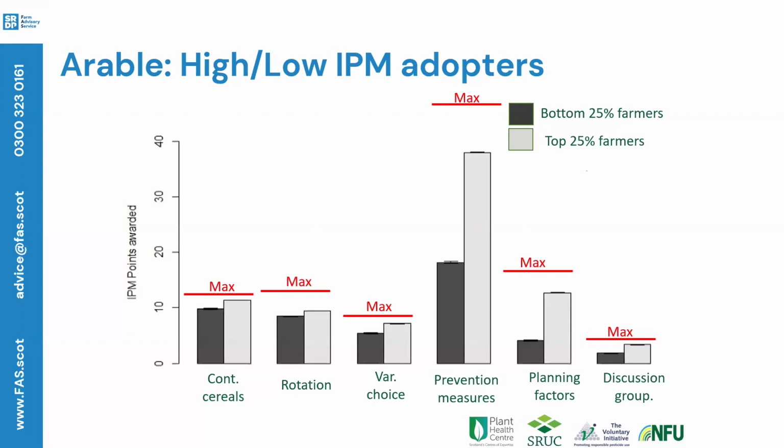The other thing you see a big difference in are the planning factors, which is more your in-season stuff, where you're thinking about using crop walking information, crop intelligence to adjust your spray plans as you go through the season. And the other thing that makes a slight difference is attending discussion groups. Again, that goes back to how on top of the information you are and how you engage with this process.